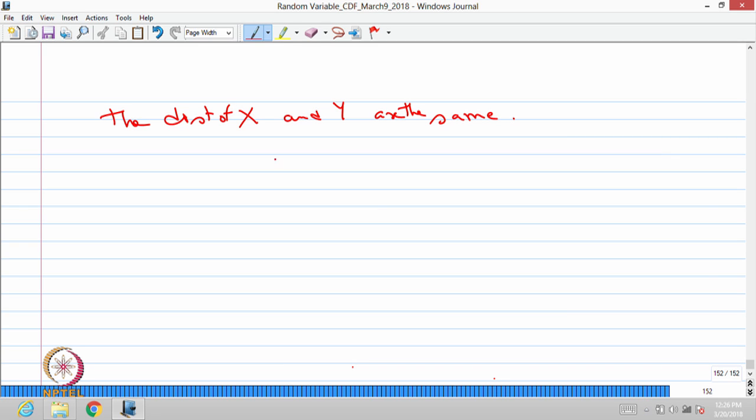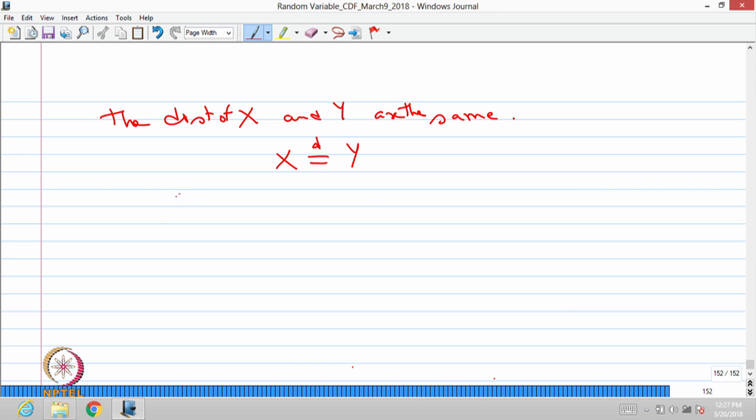We can use the notation X equals Y in distribution. They are identically distributed: the distribution of X and the distribution of Y are same. We can use the letter D above the equal symbol, that means both have the identical distribution, and also they are independent.